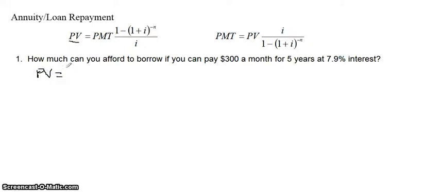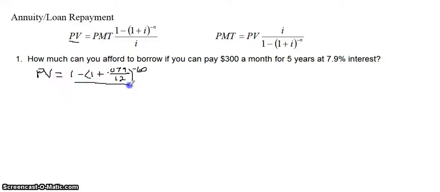So PV equals, and we're just going to plug into the formula, 1 minus 1 plus I, where I is 7.9% interest, and we're assuming it's compounded at the same interval as the payments are being made. So 7.9% monthly: it's 0.079 over 12, raised to the negative 60th power, and that's 60 because it's 5 years times 12 months.